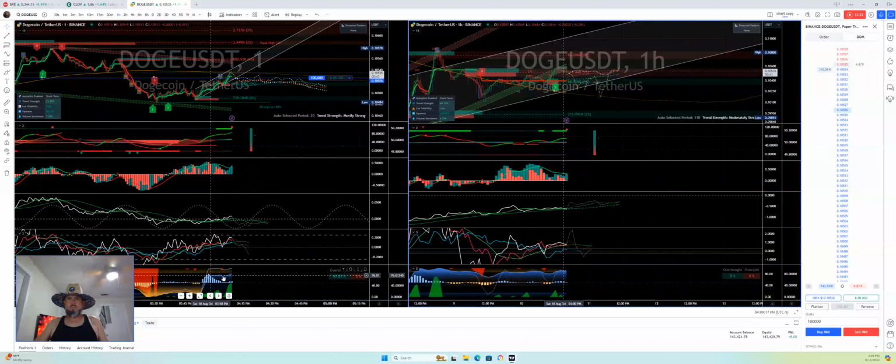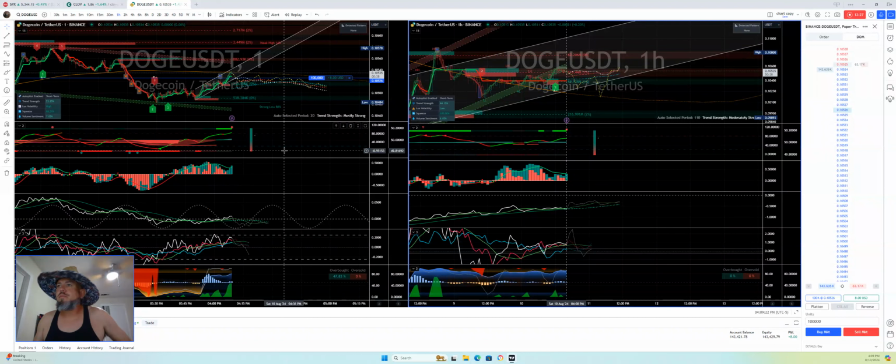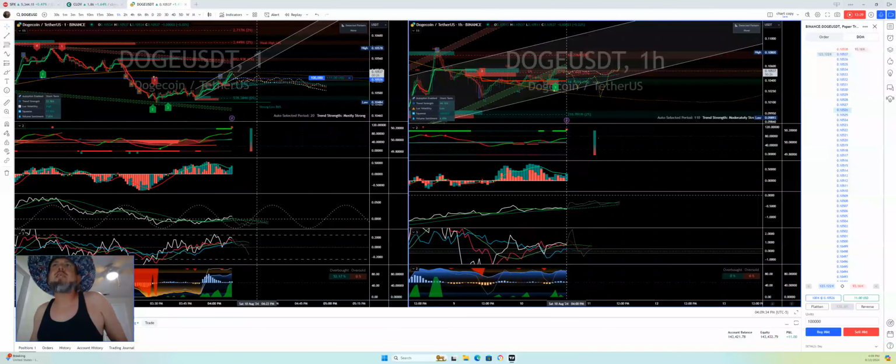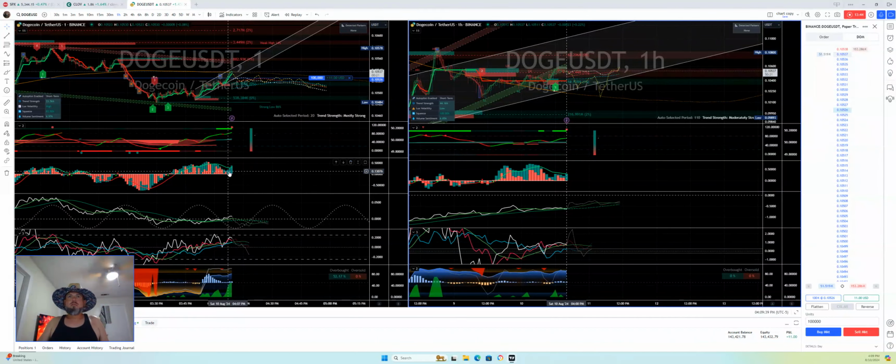It's still in its bullish formation here. I wish I had a bigger screen for my second screen. See, like you could have done this, or I'll just do this. Okay, so that's where we're at.